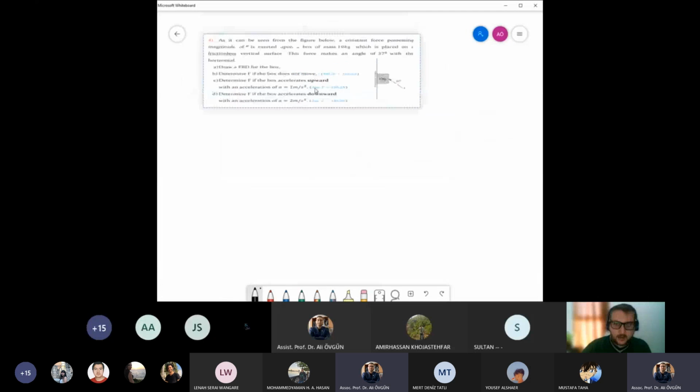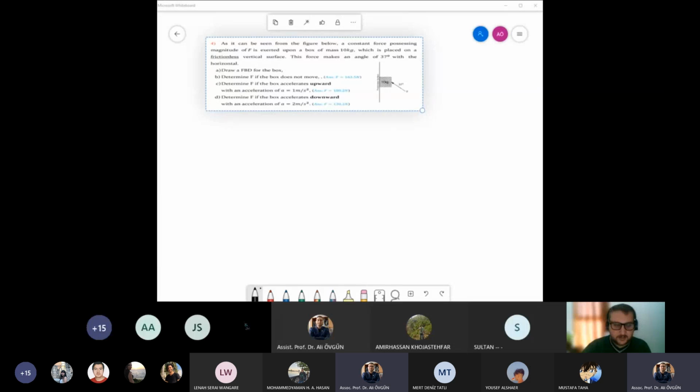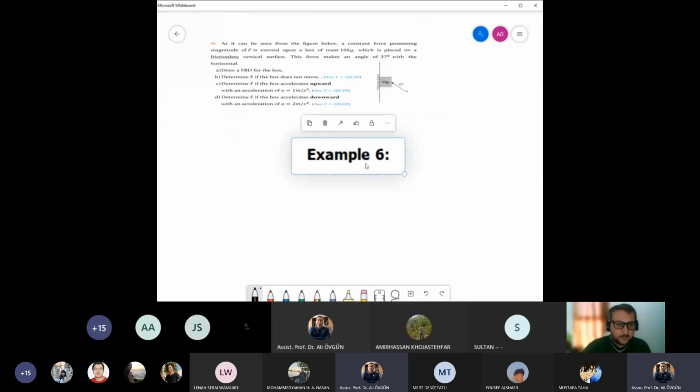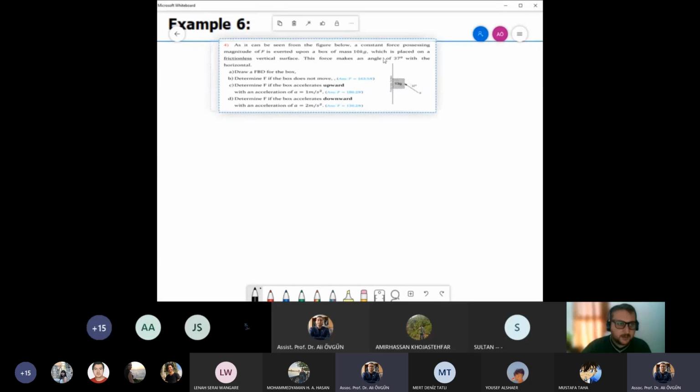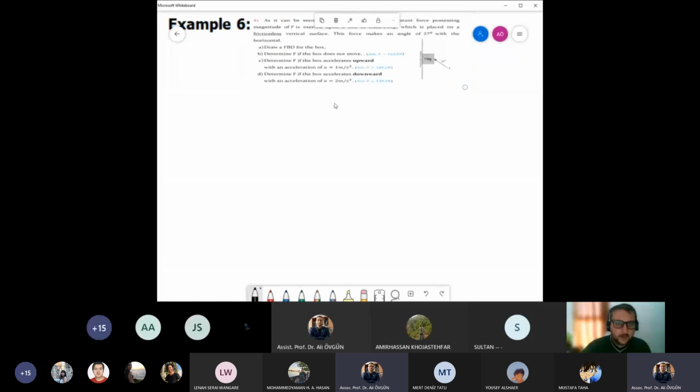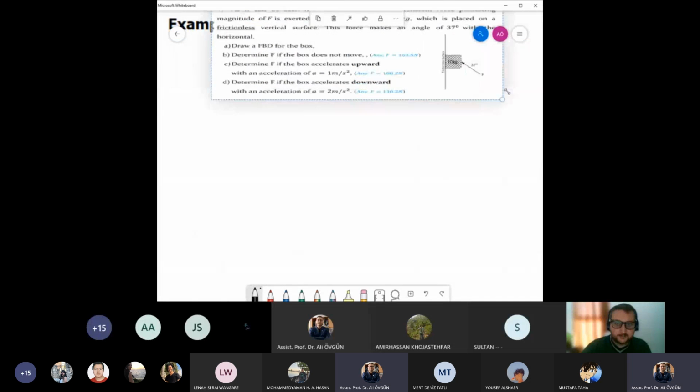Okay, this is example 6. So how can you solve this example?